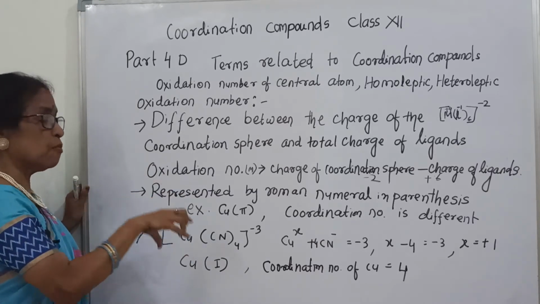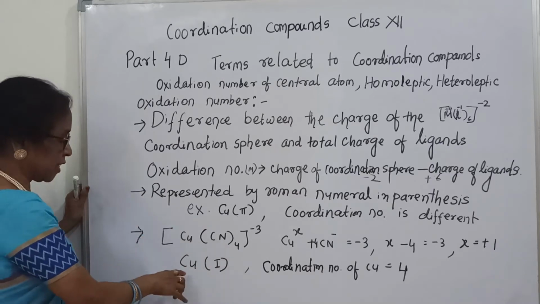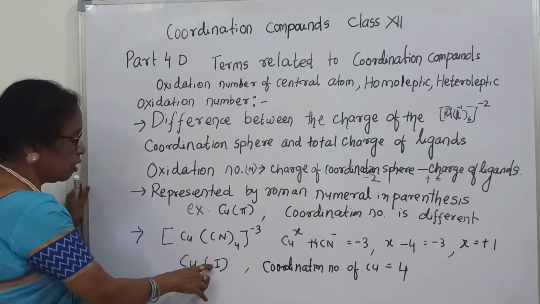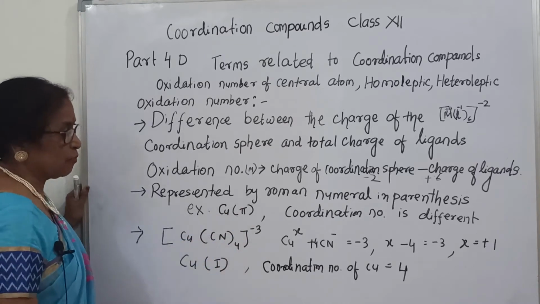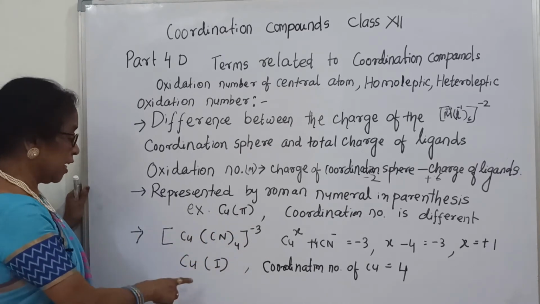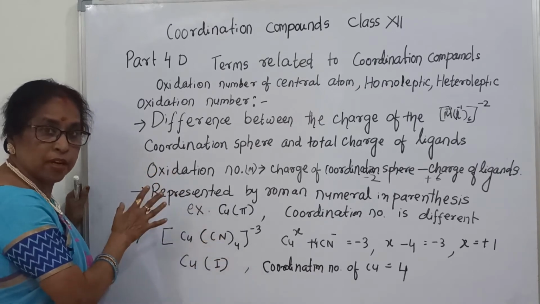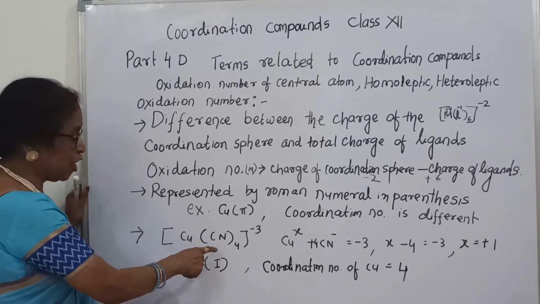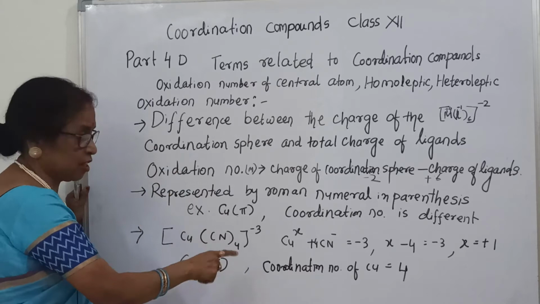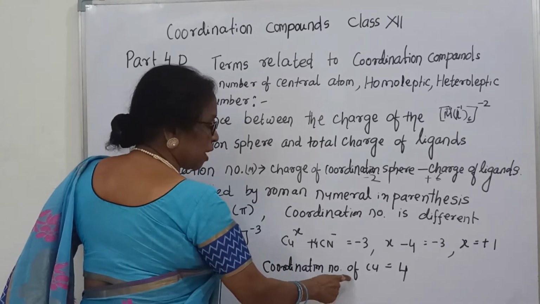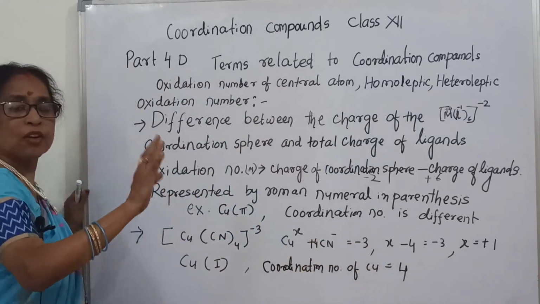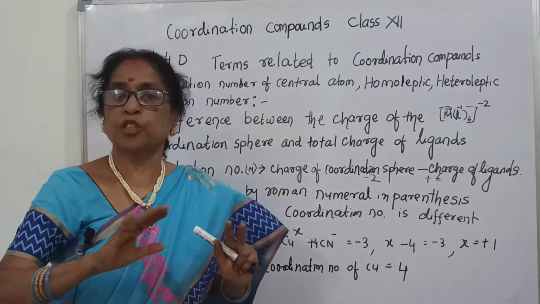But how can you write it as a numeral? Roman numeral in parenthesis. You will write Cu(I), Roman numeral in parenthesis. And 1 is not the coordination number of copper. You see the ligand, it is a unidentate ligand. How many ligands? 4 ligands. These are unidentate ligands, so the coordination number of copper is 4, and coordination number has no charge.